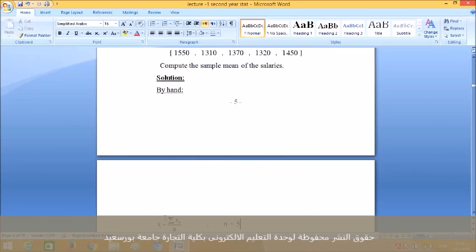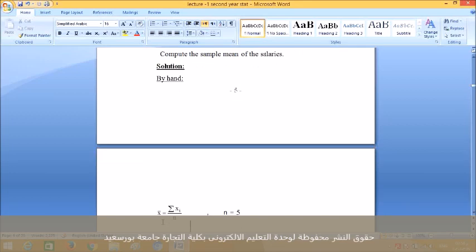use the symbol x bar here because this data represents a sample, not a population. Okay, but sigma x over n is the same way for computing the sample mean or the population mean. Okay, so the formula is the same, but the letter is not the same.